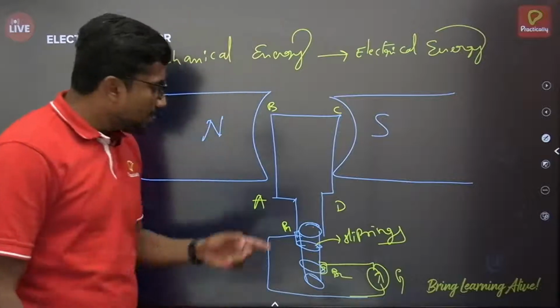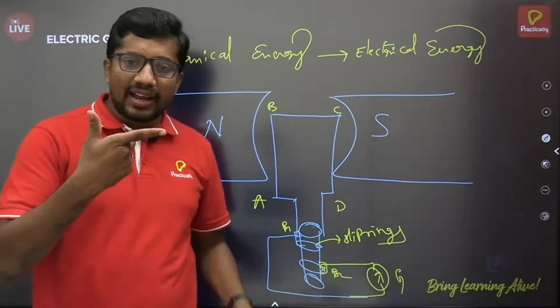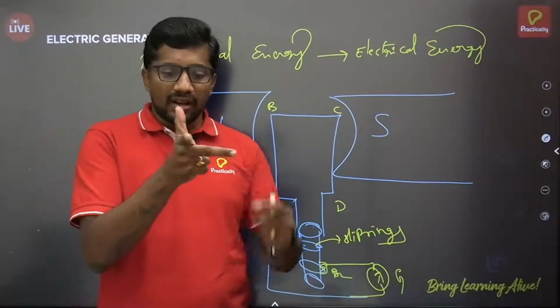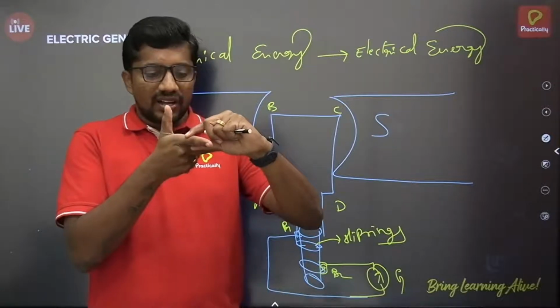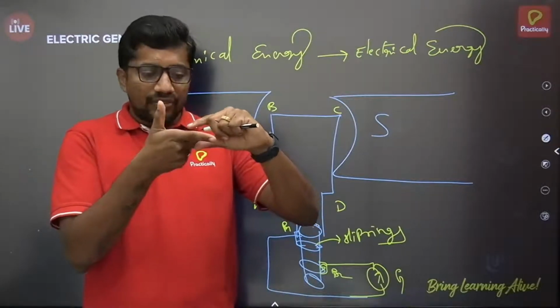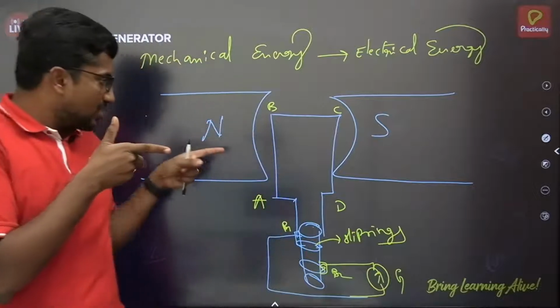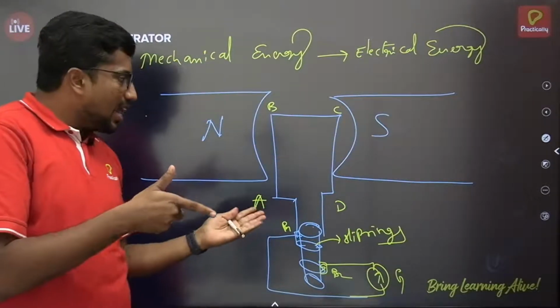Very simple. I am directing my right hand in this FRR, pointing the direction of the magnetic field with the index finger, north to south, and AB comes upward.